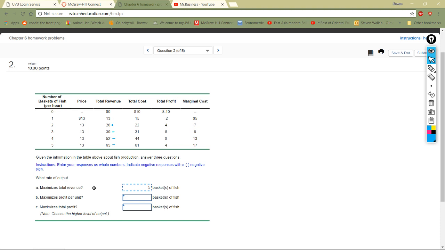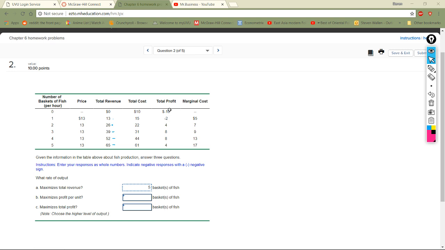What are businesses typically looking to do? Maximize profit. Okay. And notice here they got profit per unit and maximize total profit. Usually you look to maximize total profit. Even efficiency doesn't matter as much as far as overall money for the business. That's what you want. So if we're looking at profit per unit, how do we figure that out? Well, over here we got total cost. We got total profit.